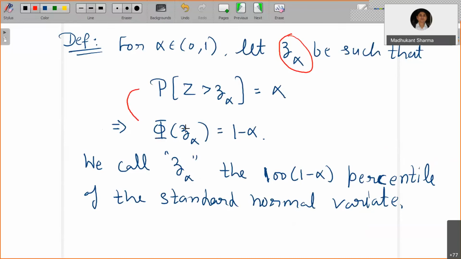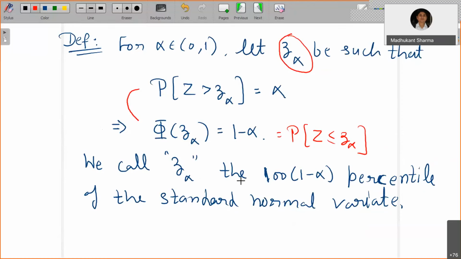So you are trying to identify a real number such that the probability of z less than or equal to z alpha is 1 minus alpha. So you are trying to investigate this point, z alpha. We will call this z alpha the 100 times (1 minus alpha) percentile, which gives you the percentage. Up to this point, this much percentage will be covered.